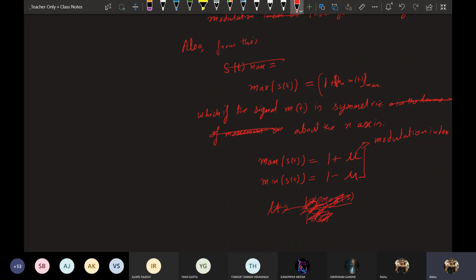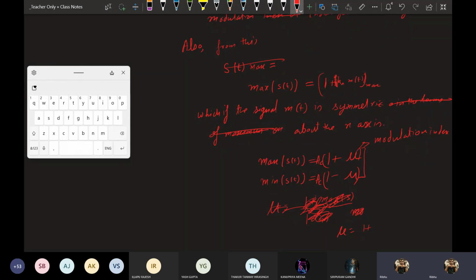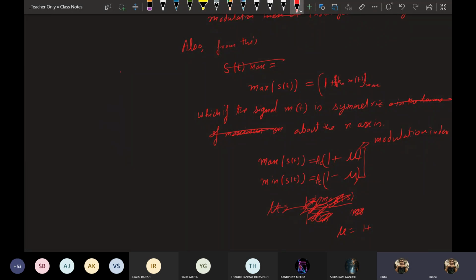Yes, subtract them and I'll get it. You're right, because there is no A_c involved. Oh, this should be A_c, right? A_c would have been there. Fine. Now how will I get this?